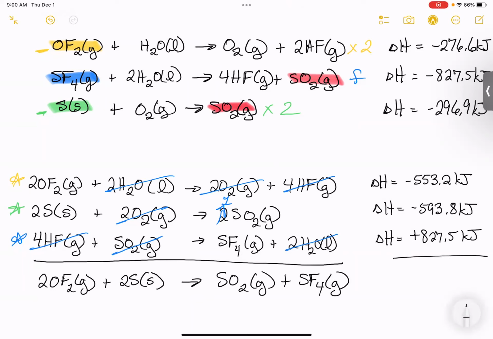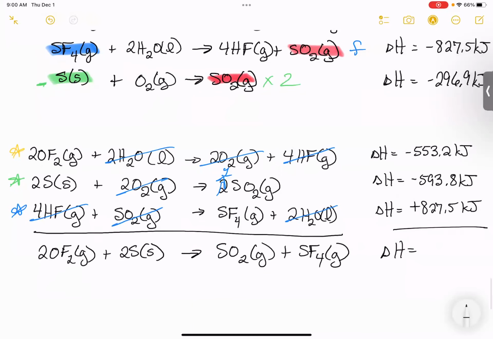And the enthalpy of that reaction is negative 319.5 kilojoules.